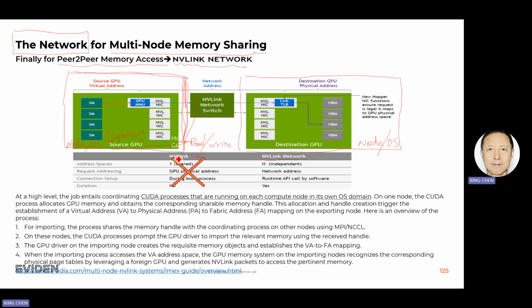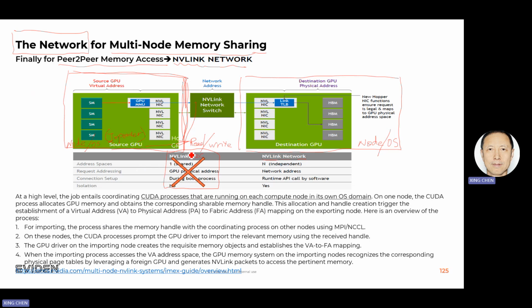But up to now, NVLink C2C is only for connecting two GPUs, one GPU with one CPU, or connecting two CPUs. Everything connected by the NVLink C2C belongs to the same node. So NVLink C2C is a kind of intra-node connection.